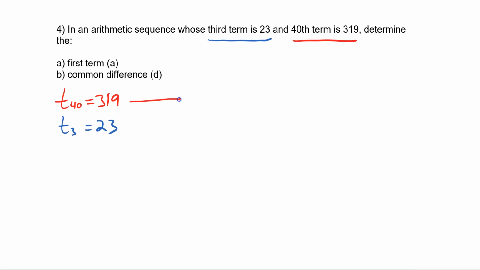So here's what I'm going to do. I'm going to write out term 40, what that general formula would look like. So it would be 319 equals A plus, now we'll save ourselves a little bit of trouble here, n minus 1 would be 39 times D. So that's what the general formula for term 40 would look like.